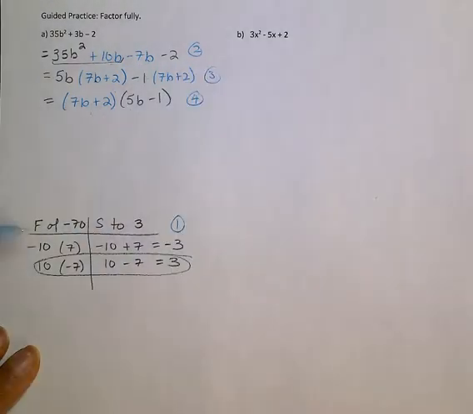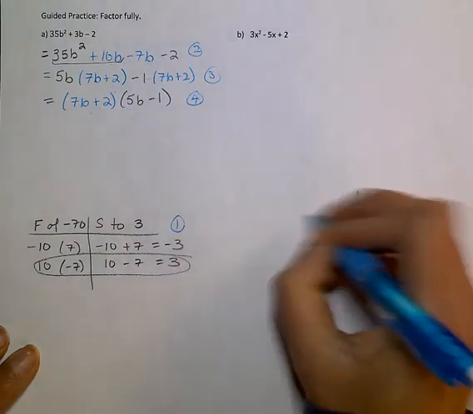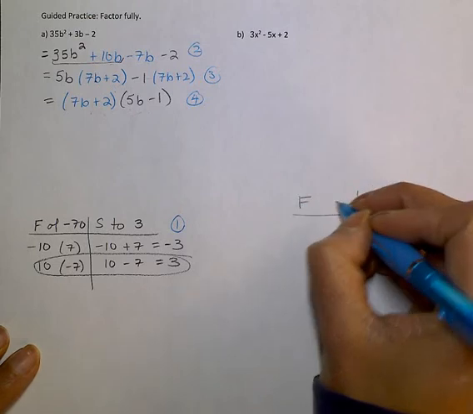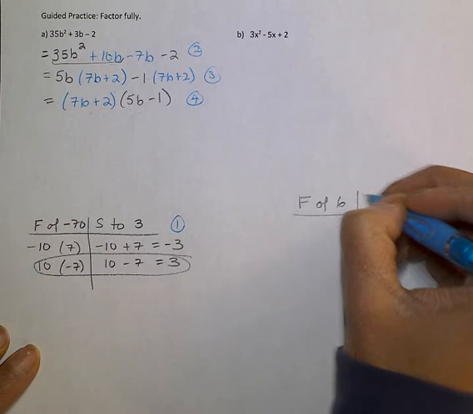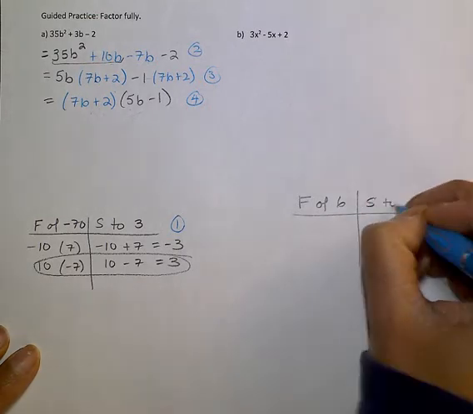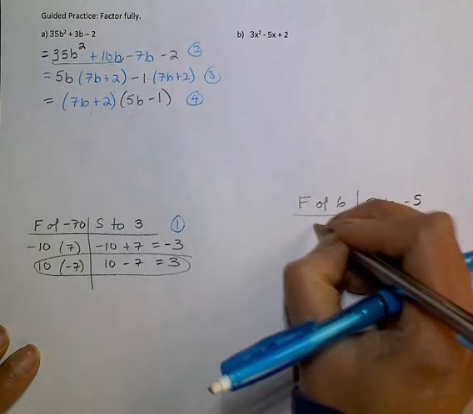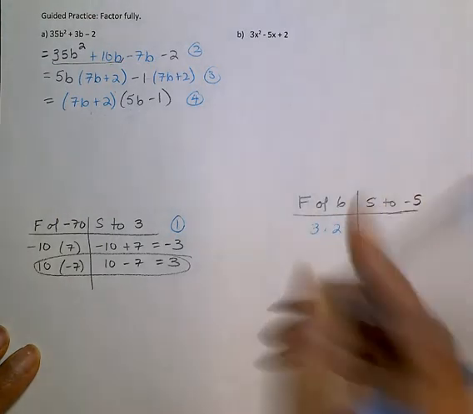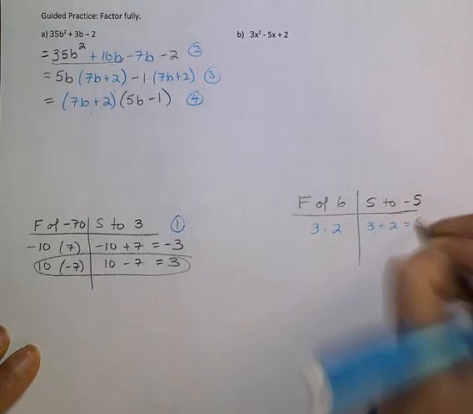Okay, let's take up the last question. So in this question here for our chart, we're looking for factors of 6, because that's a times c. 3 times 2 is 6. That sums to negative 5. So 3 times 2 is 6, but when I add them together, I get positive 5.